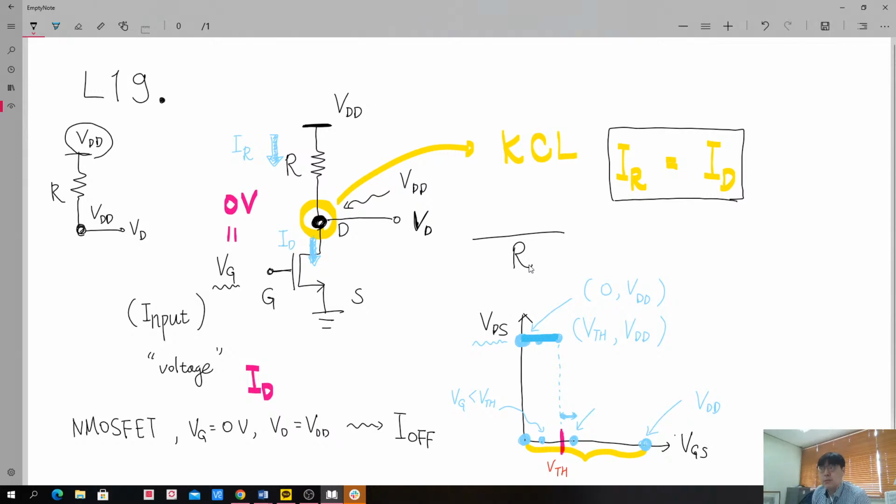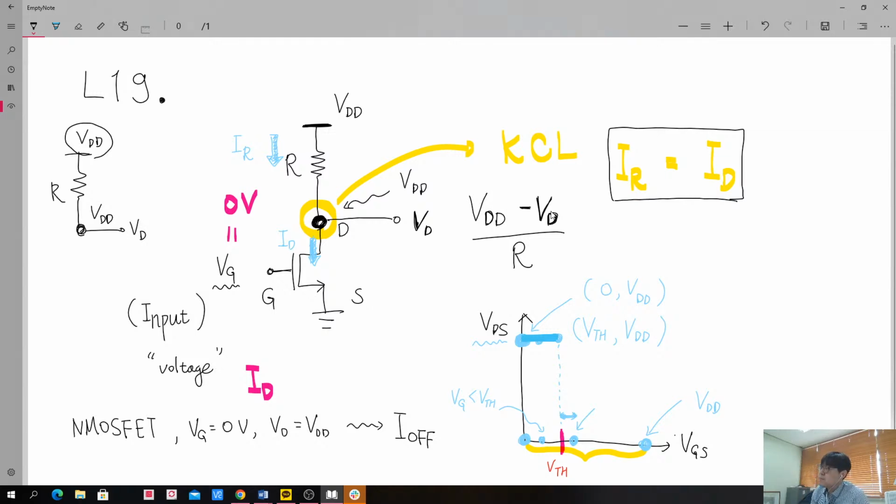So what is the voltage difference across the resistor? It is quite easy to say, because VDD is the bias voltage for the top terminal, minus VD or VDS anyway.